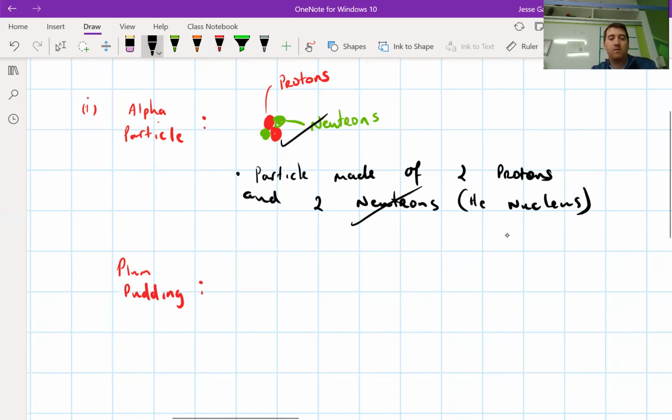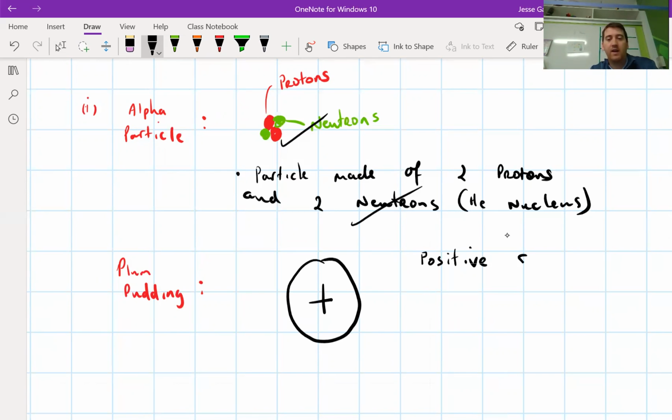This is what I would have here. A circle with a plus in the middle. Remember, no nucleus yet. The Plum pudding model didn't know anything about the nucleus. So it's a positive sphere. Remember, this is a 3D structure, even though we can only draw it as 2D. That's 3 of the marks, I reckon.